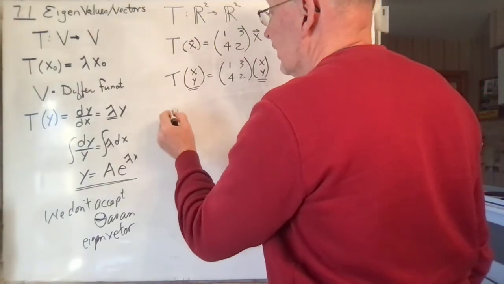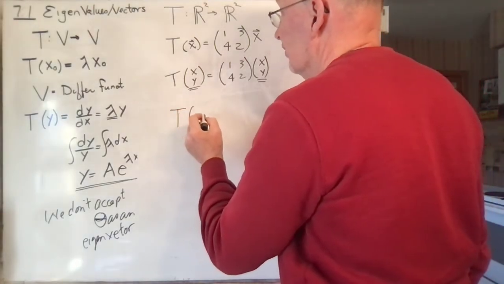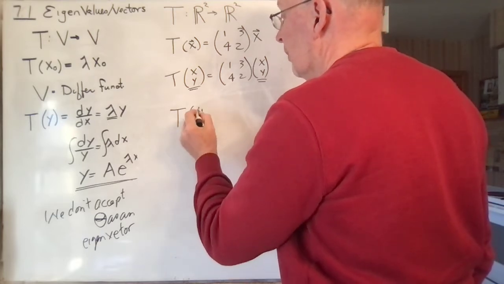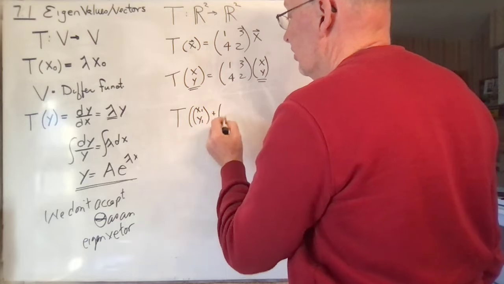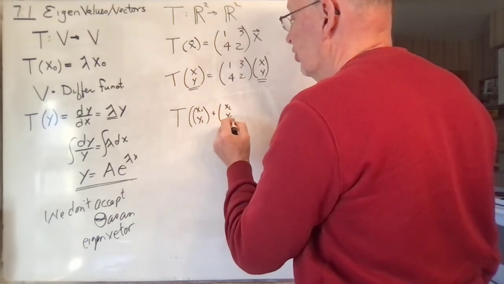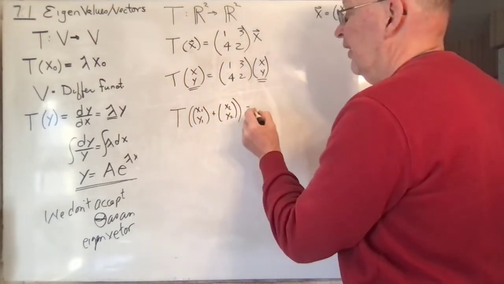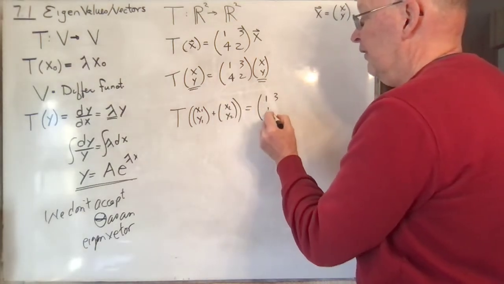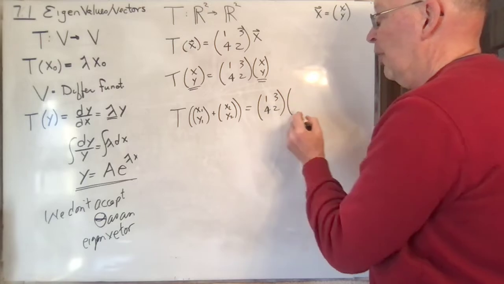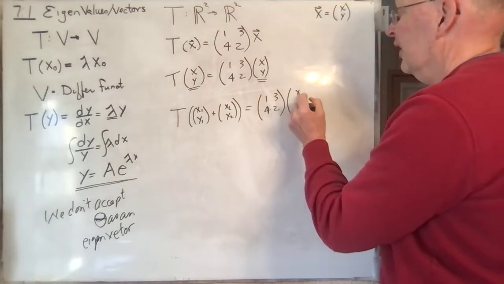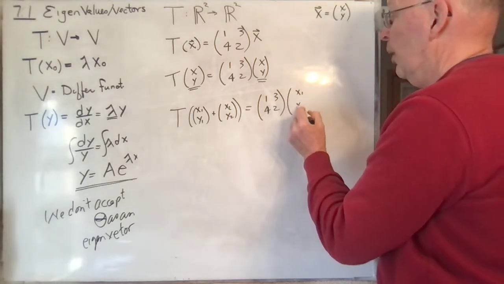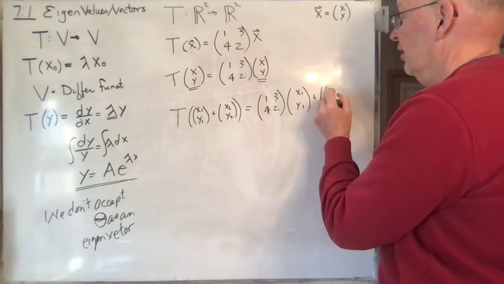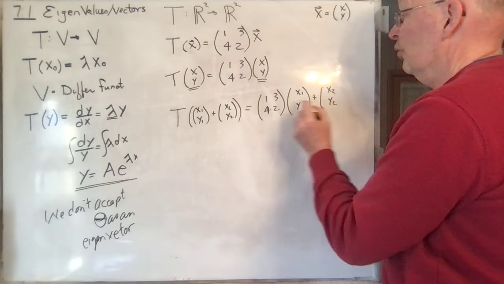Why is it? Because if I take two different vectors, x1, y1 plus x2, y2, then what does this say to do with it? It says to take 1, 3, 4, 2 and multiply that by the vector x1, y1 plus x2, y2.